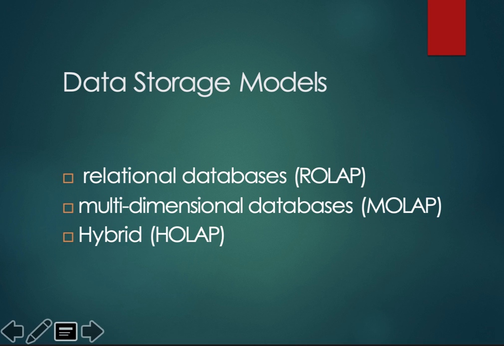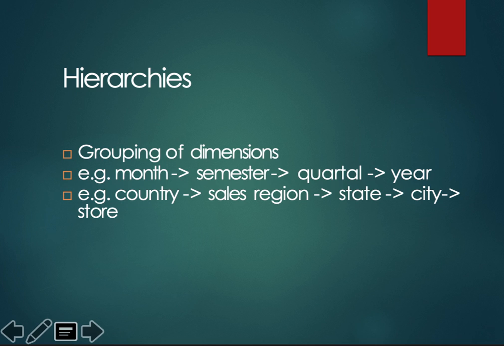Next, we have hierarchies, which are a group of dimensions. In this example, months, semester, quarter, or year. For example, in 2008 it could be quarter 1, semester 1. Quarter 1 of 2008 consists of months from January to March, followed by quarter 2, 2008.